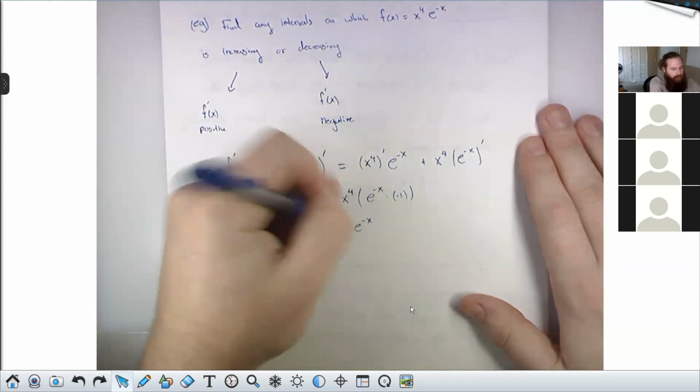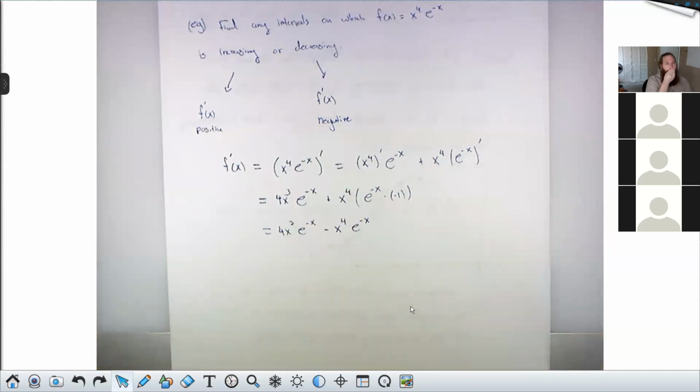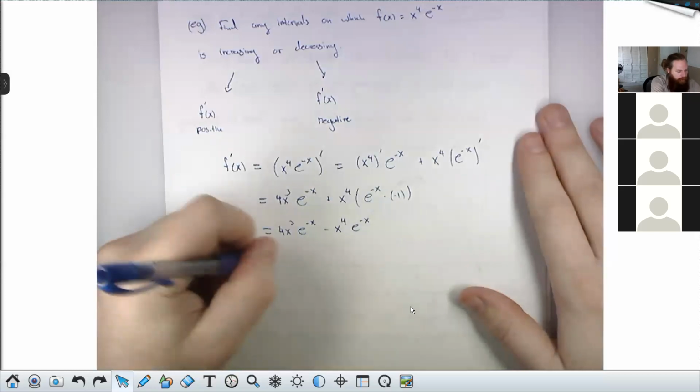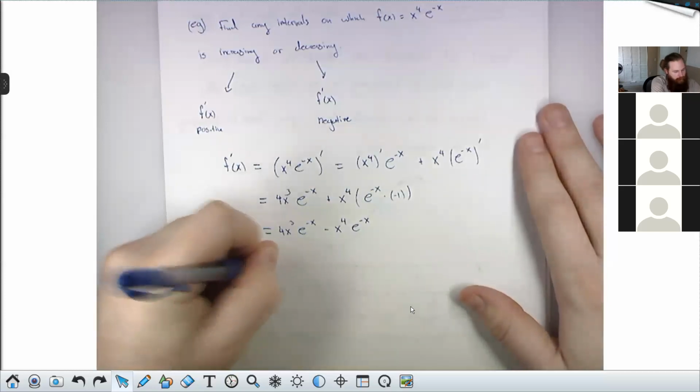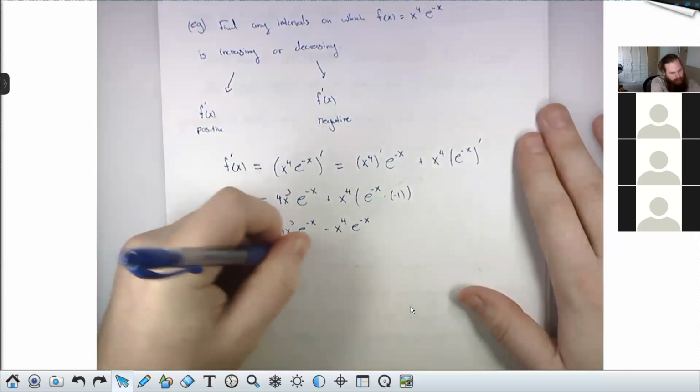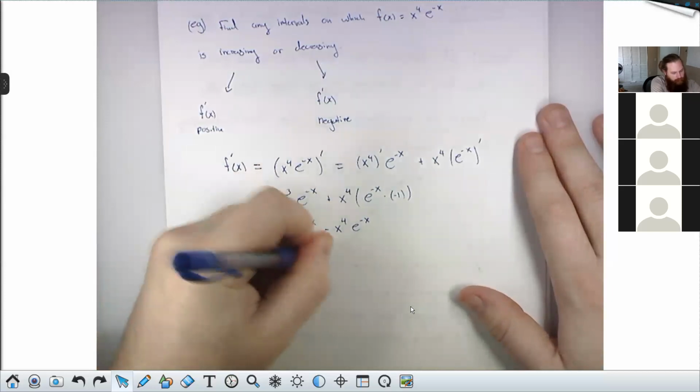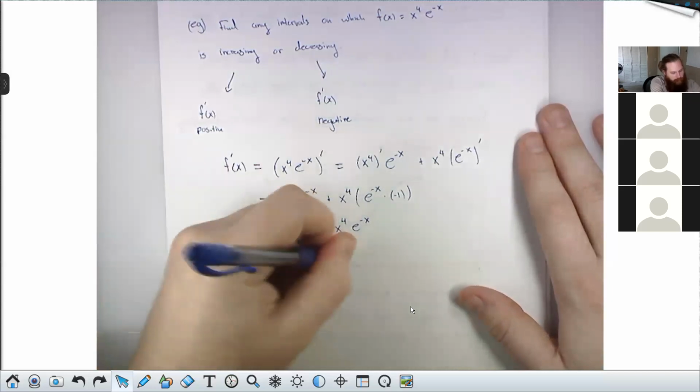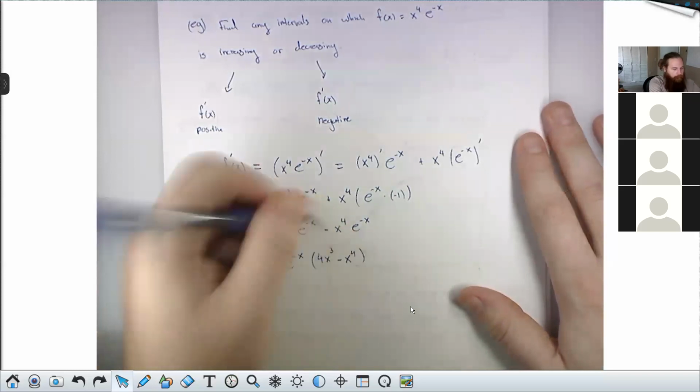So this -1 makes that plus a minus. I will factor out the e to the negative x. And what's left is 4x cubed minus x to the 4.